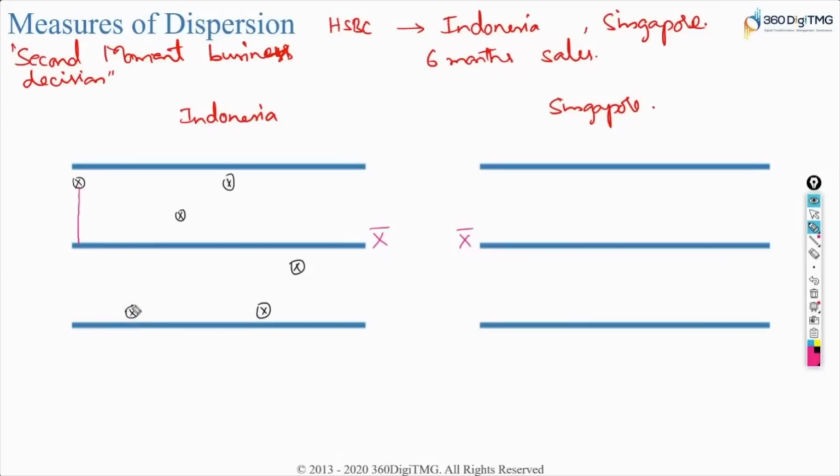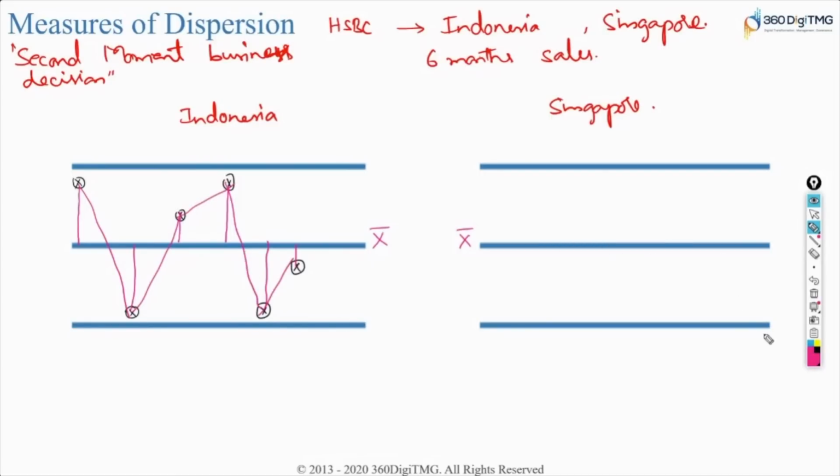How far away is second month sales from the average? This distance. From the average, how far away is each month sales? Is called as dispersion. So if you look at this, seems like there is a lot of dispersion like that.